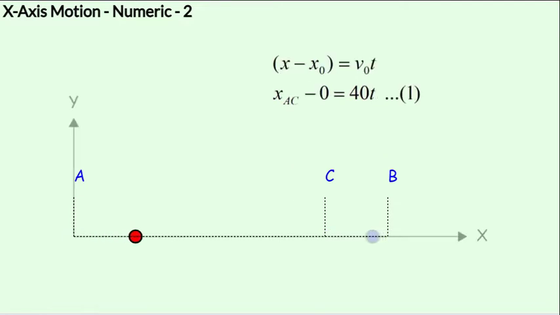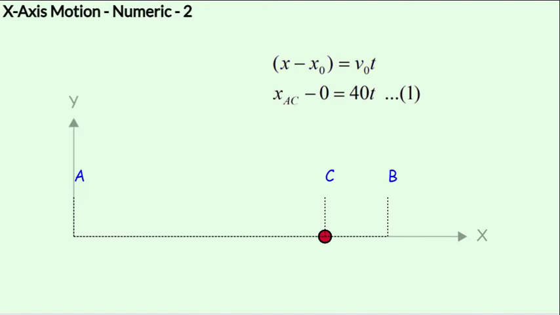We first focus on the red ball A. It travels from A to C with a uniform velocity of 40 meters per second without any acceleration. We use the second equation of motion but without the acceleration component. So we have x minus x0 equals v0 times t.